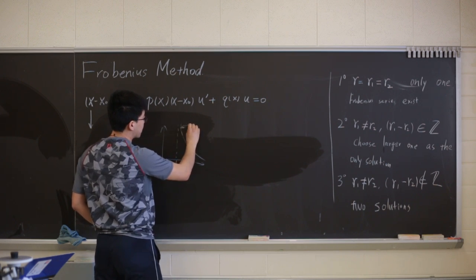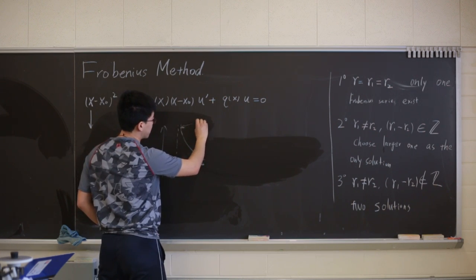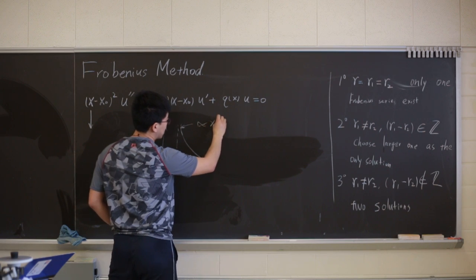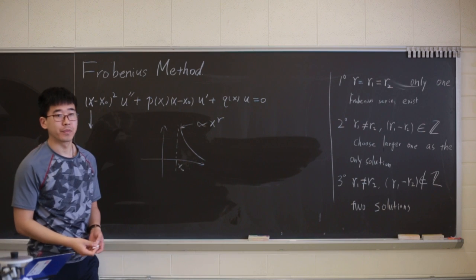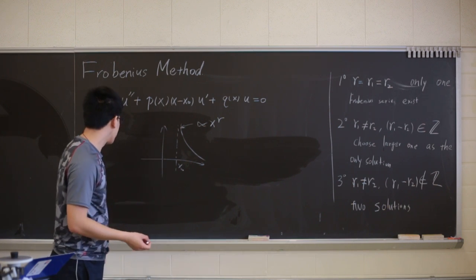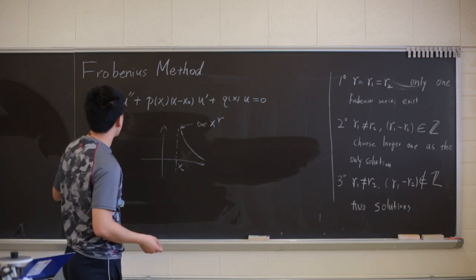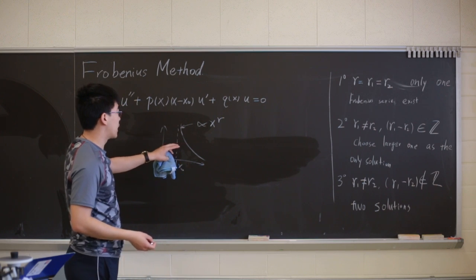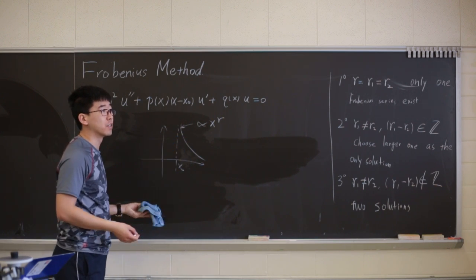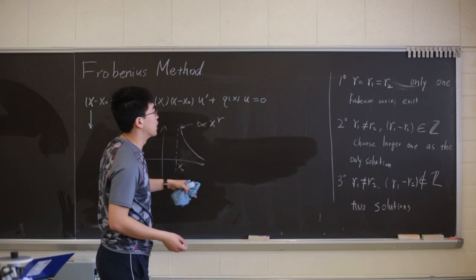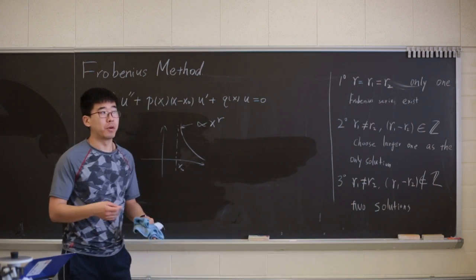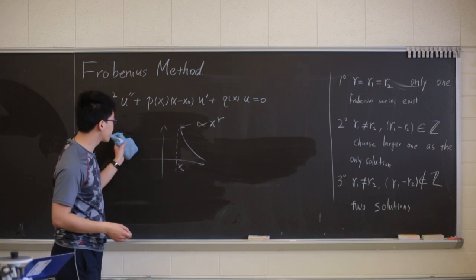The order of increasing is proportional to x to the r power. So it's like polynomial rate of increasing. So that type of singularity is regular singular point. We can solve it using a polynomial expansion.